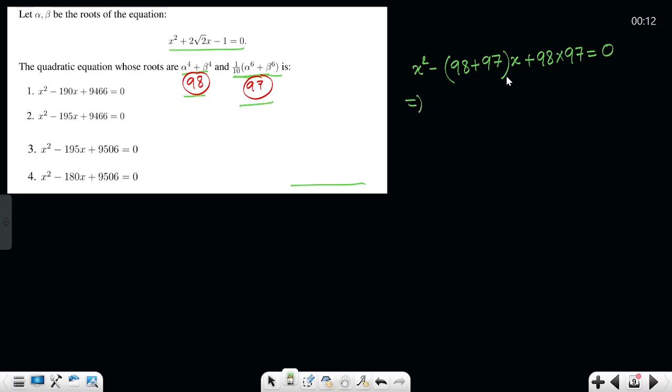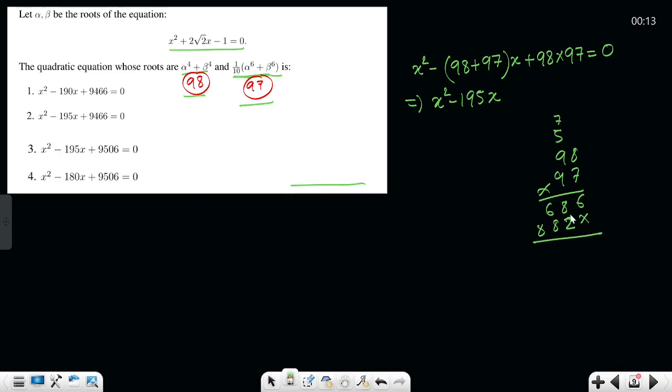Now 98 plus 97 is equal to 195, right? So that is x square minus 195x. Now multiply this simply. 9 sevens are 63, this is 68 here, and here it is 72.